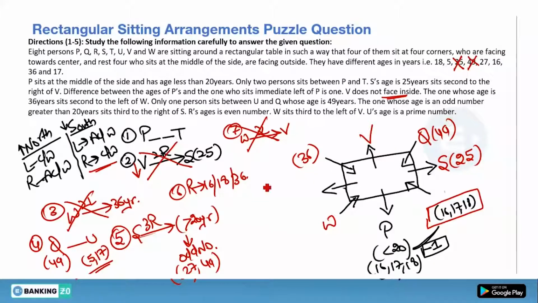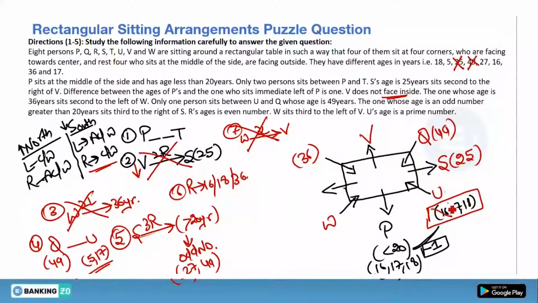Between Q and U there is a gap of 1, and we know that U's age is a prime number, so U must be 5 or 17. U cannot be over here because 36 is already seated, so U will come over here, and we know that U's age is 17 only because 17 is only possible at this seat.